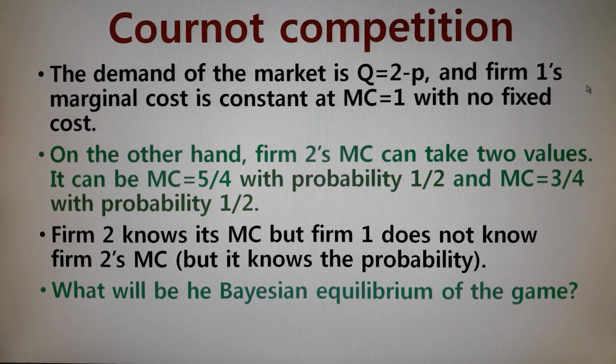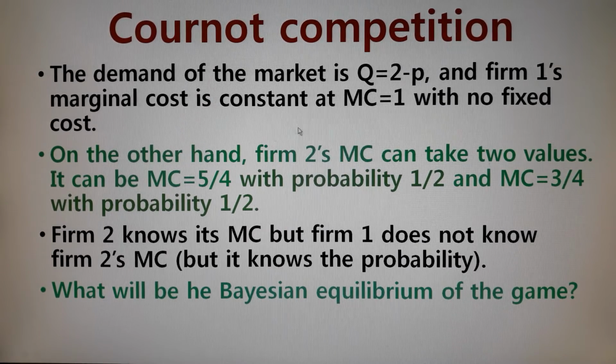Okay, and firm 1's marginal cost is constant at marginal cost 1 with no fixed cost. What about firm 2? That is the point. If firm 2's marginal cost is MC equal to 1, then it's just normal complete information Cournot competition. However, we are in the middle of incomplete information games. What's the difference?